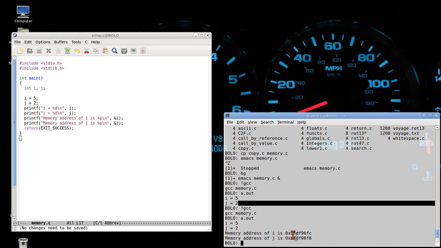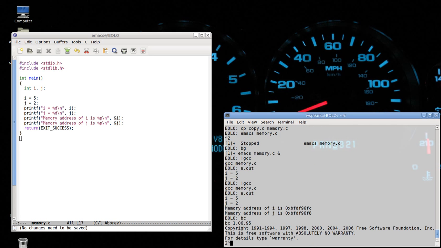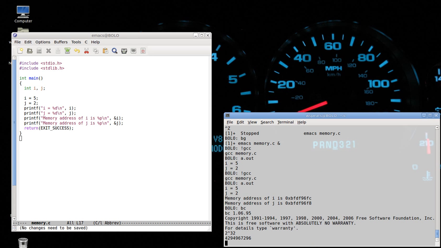Okay, another thing we can talk about here is how many hexadecimal digits are there? Well, there's 1, 2, 3, 4, 5, 6, 7, 8. Alright, each hexadecimal digit represents 4 bits. 8 times 4 is 32 bits. And that means we have 4 billion memory locations.